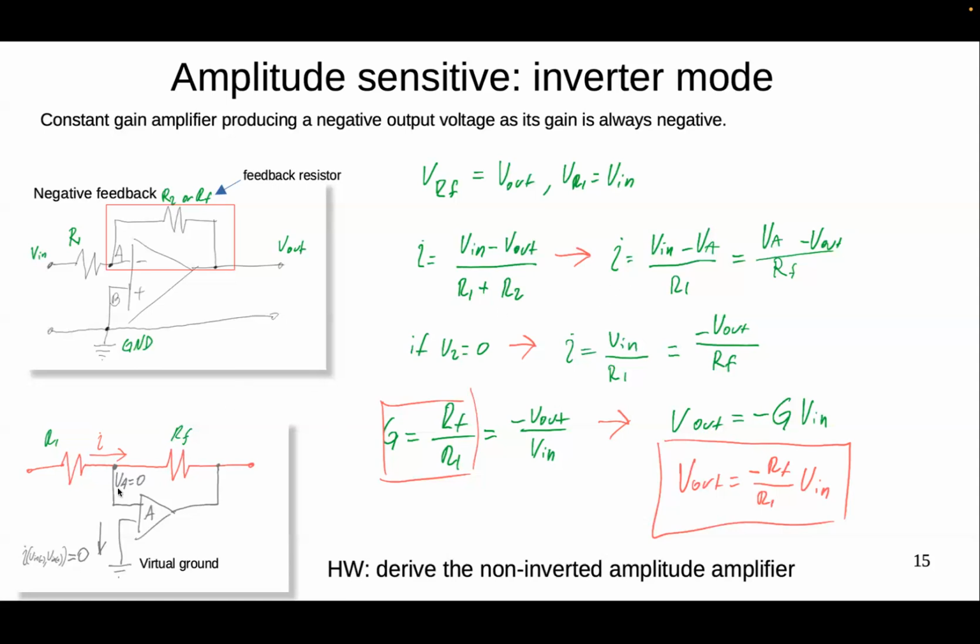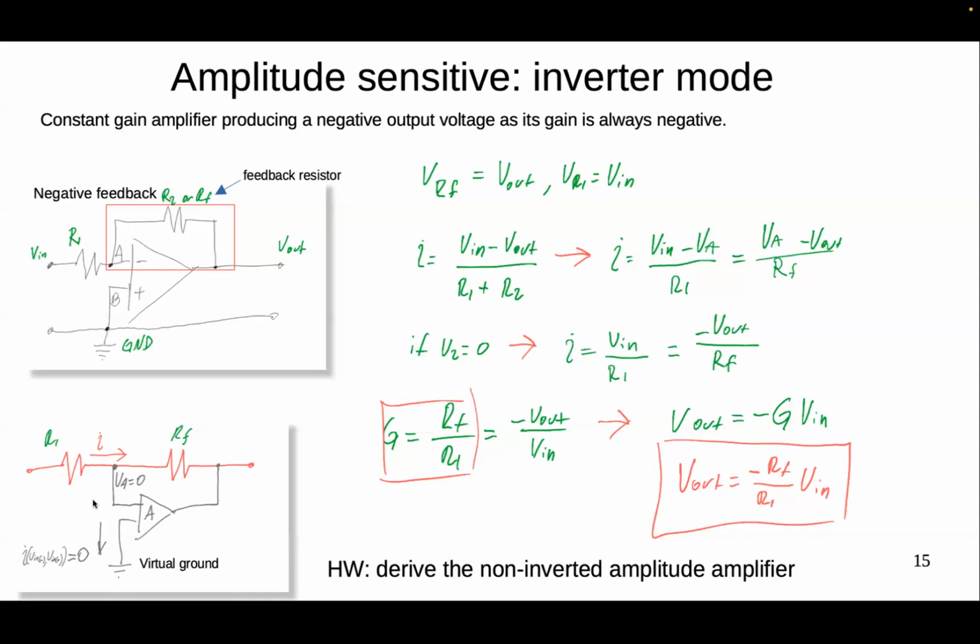Also, we can see that the current flowing in each resistor has to be the same. It can also be calculated using the difference of the voltage in the input with the voltage in this node. Well, we use this current mesh.